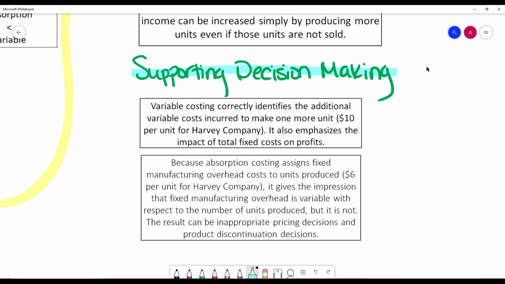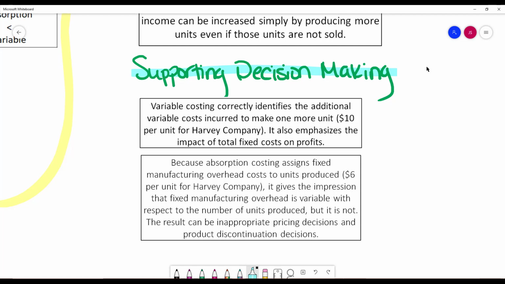Now, with absorption costing, I'll say again that fixed overhead is an inventoriable cost. So it's put into inventory by attaching it to the units we produce. But that makes it look like fixed overhead is variable with respect to the number of units produced, but we know it isn't, right? Because a fixed cost, by definition, is fixed. We can convert it to a per unit amount, that's fine, but the per unit amount is only applicable for that specific period because the number of units we produce can change.